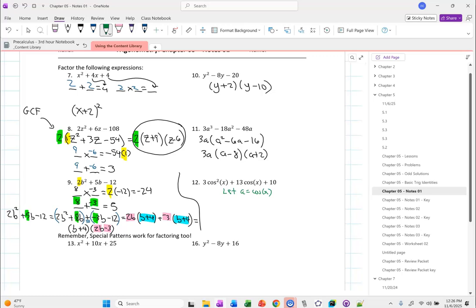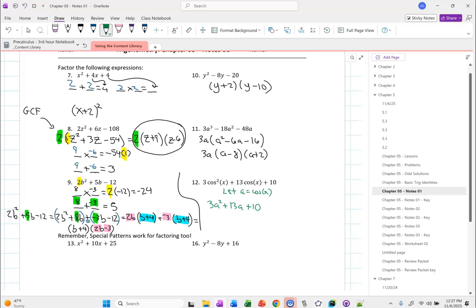Let's call it a. The cosines don't bother me. The cosine x is just a variable name. So I'm just going to think about it like 3a squared plus 13a plus 10.